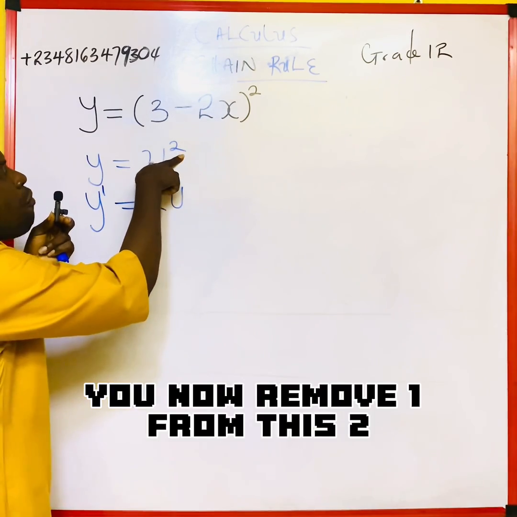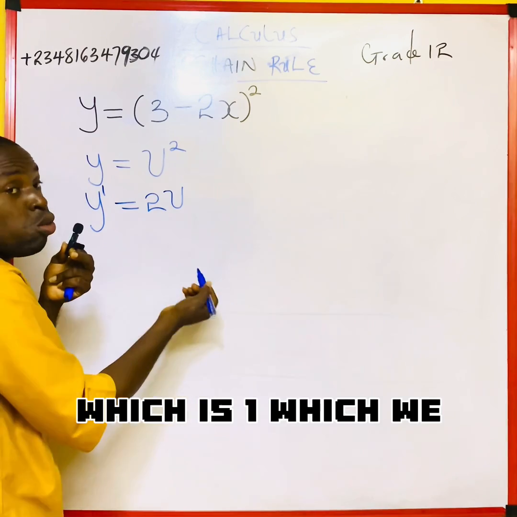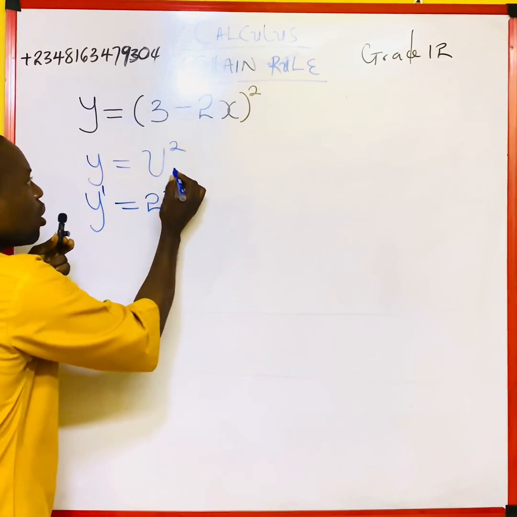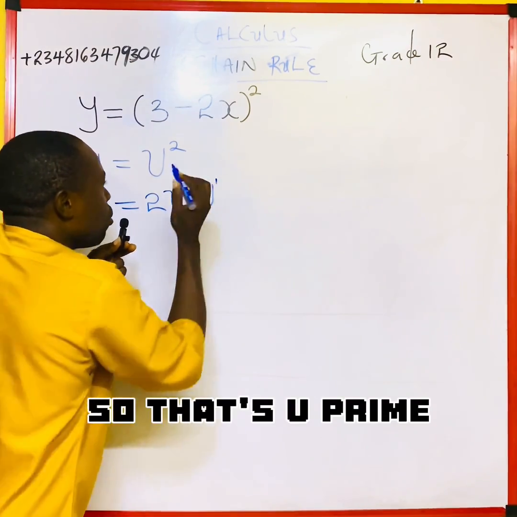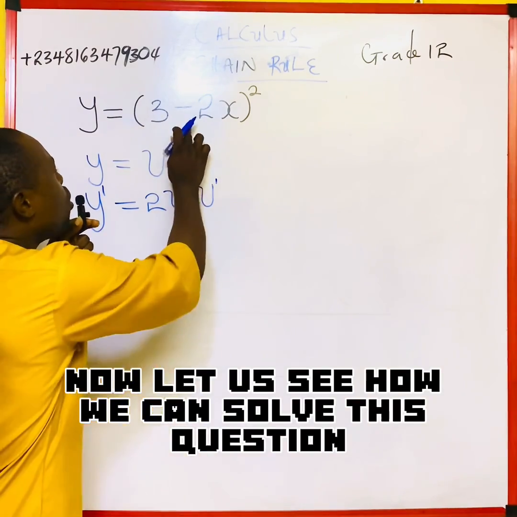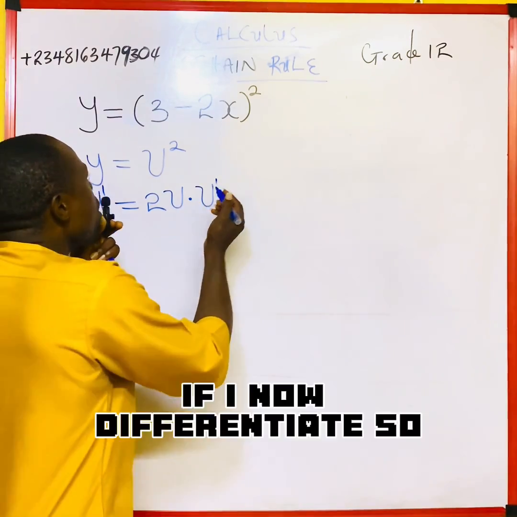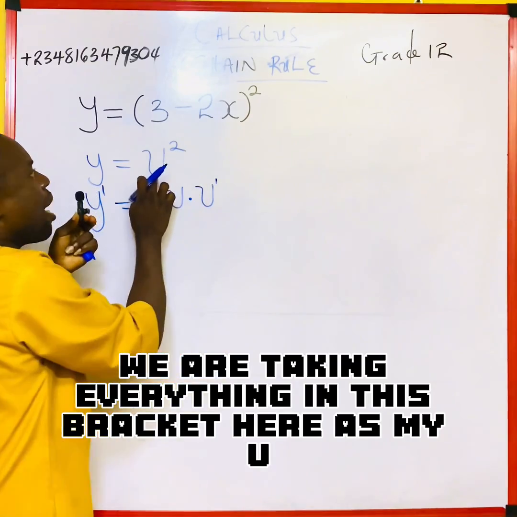You now remove 1 from this 2, which is 2 minus 1, which is 1, which we did not bother to write. Multiply by, you will now differentiate u, so that's u prime. Now let us say we can solve this question with application of this rule. Simple. We are taking everything in this bracket here as my u.